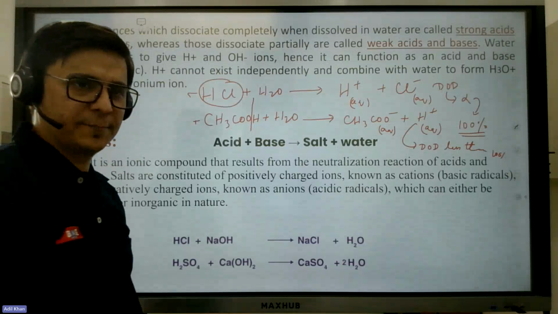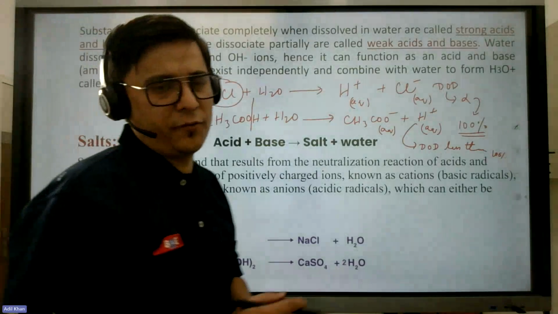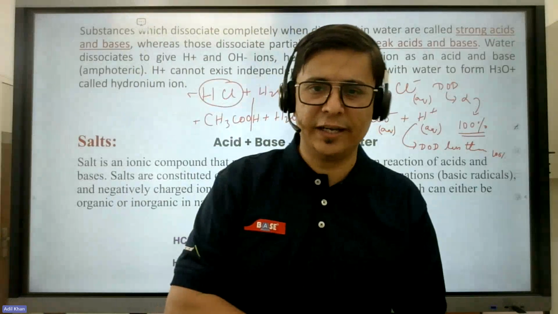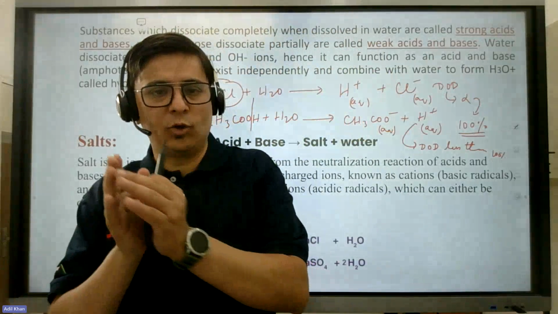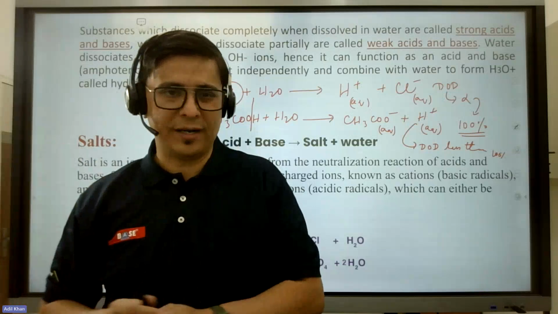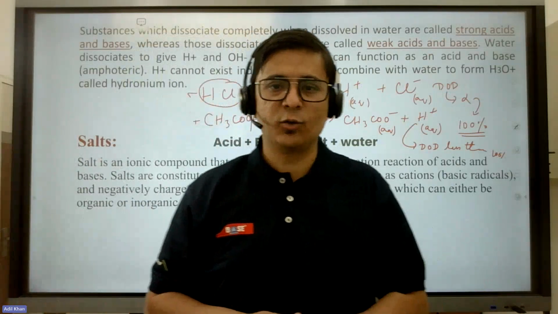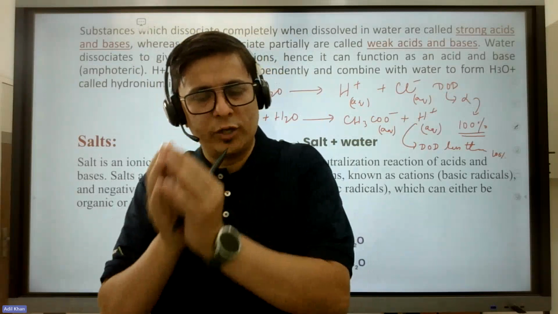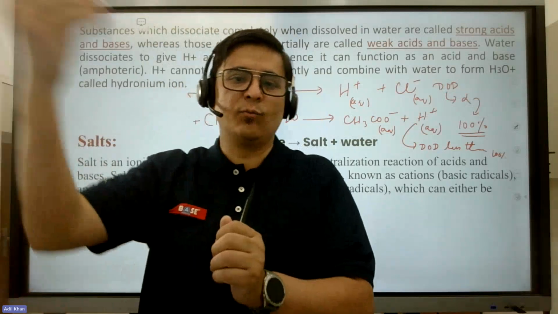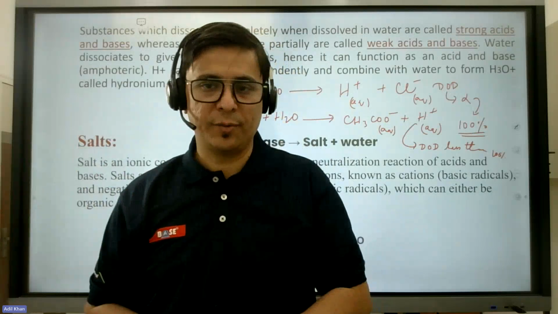The same concept is in the case of bases. Strong bases are those where, when you add water, initially at the start only, 100% of the base will break into OH minus and the counter ion part, whatever the ion is, like Na plus and K plus. Weak bases are those where, initially when you add water, some amount of base will break into OH minus and the counter ion. When you add more water, more OH minus is breaking and the counter ion is breaking.